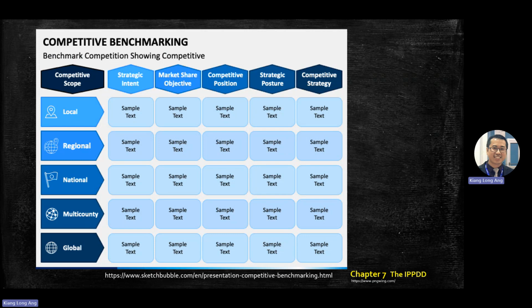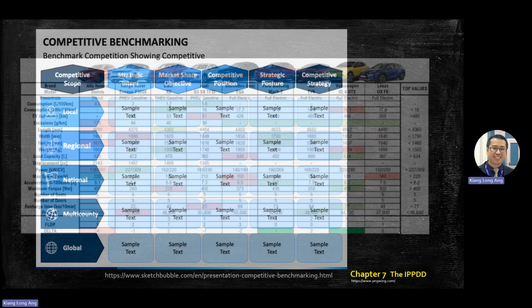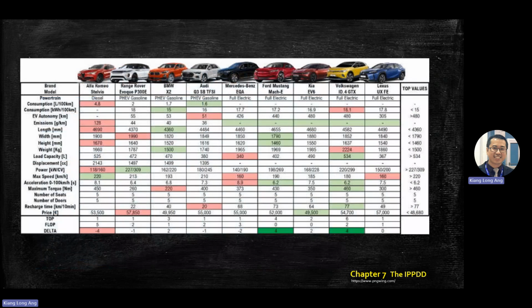So these are the benchmarking samples. For example, what do they want to compare? What are the regions that you have? So this is a template for when you want to do benchmarking. I'll give you an example. This one, the picture is a bit blurry, but it still shows how people benchmark in the automotive industry.